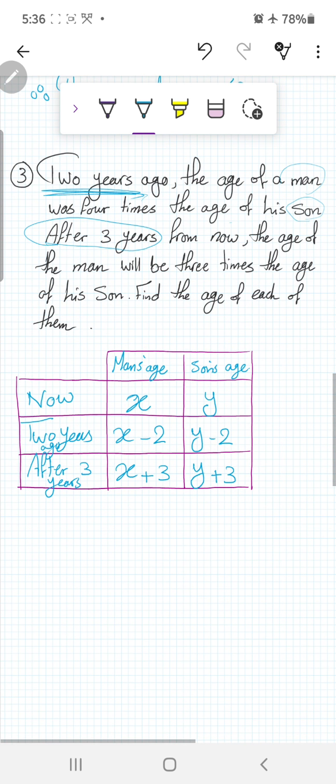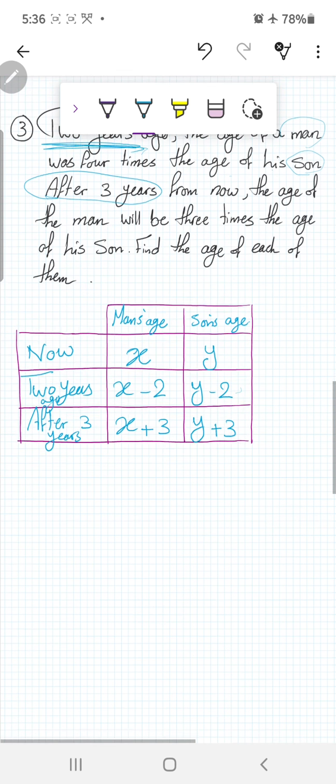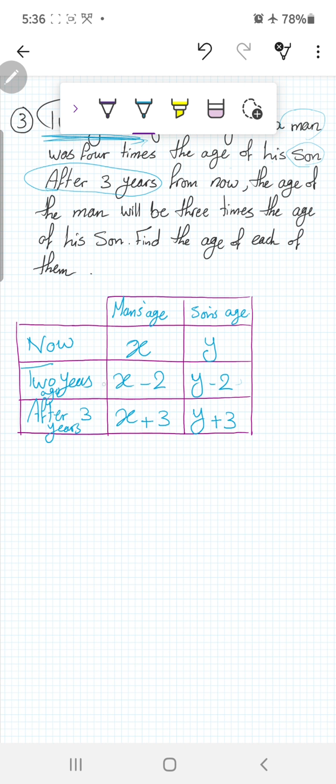Okay, read the example again. 2 years ago. So we talk about here. The age of a man, which is X minus 2, was 4 times the age of his son. So 2 years ago, the age of a man, X minus 2, equals 4 times, meaning 4 multiplied by the age of his son, which is Y minus 2.